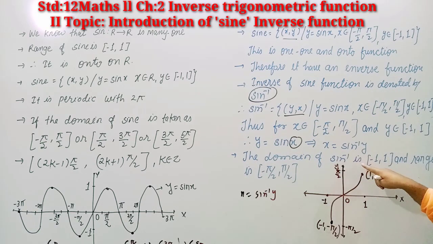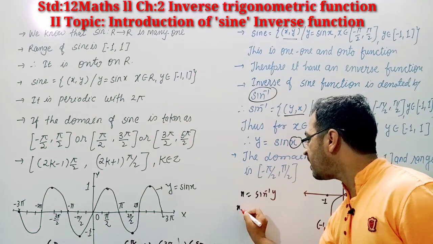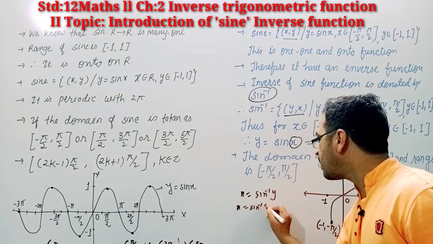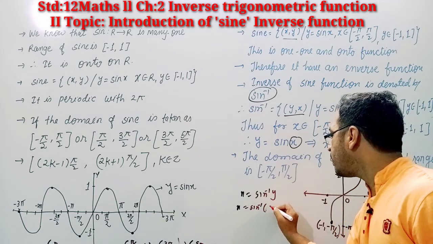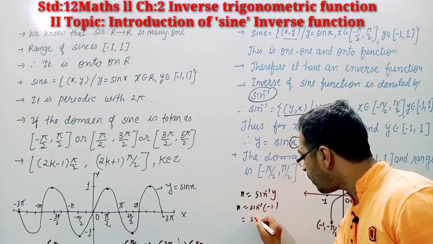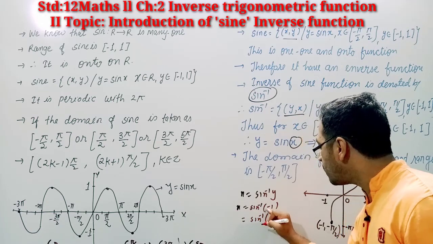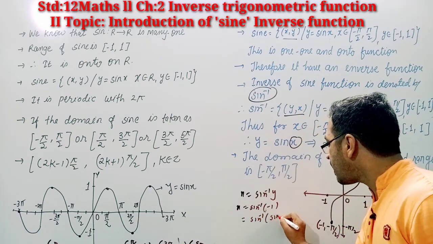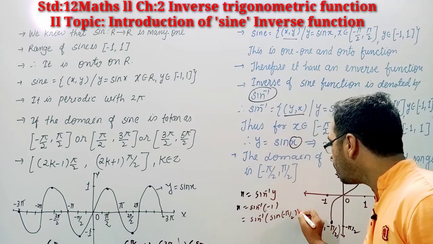So here you can see that for sine inverse the domain is minus 1 to 1, it means the value of input is minus 1. So suppose x is equal to sine inverse, here you are putting minus 1. So what about sine inverse minus 1, you can write sine minus pi by 2.